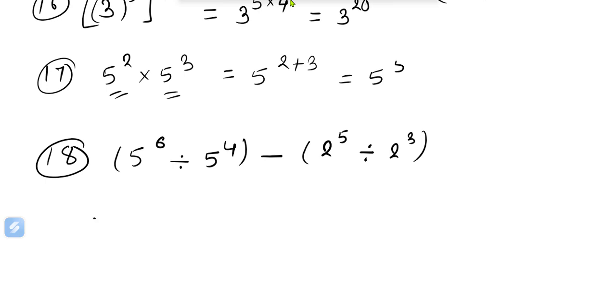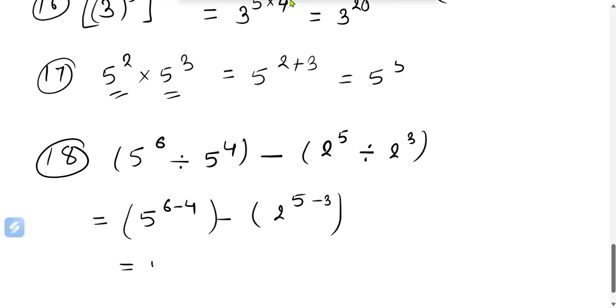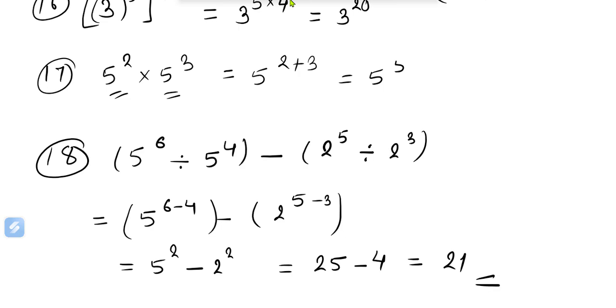Now in this case, we can simply write this is 5 power 6 minus 4. This is 2 power 5 minus 3. Simply this is 5 square minus 2 square, which is 25 minus 4, and the answer is 21.